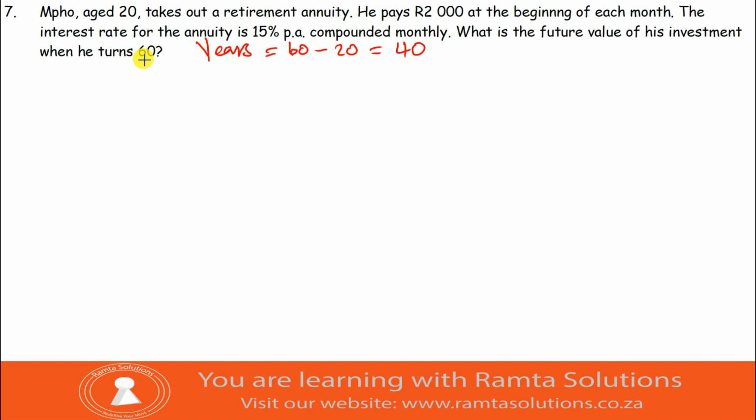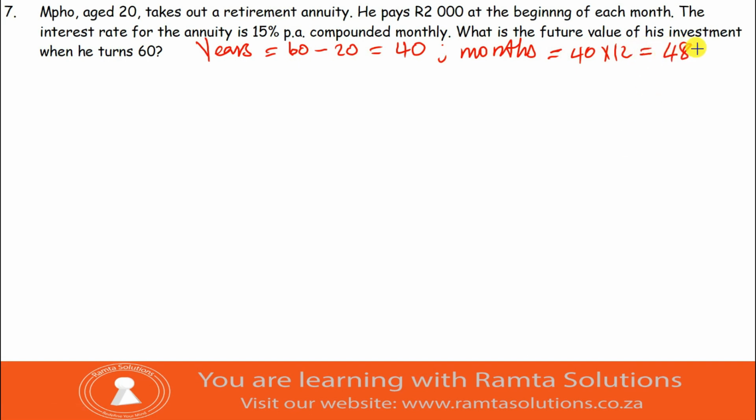Okay? Now, what I like here is this. I want to show you. Because our interest is compounded monthly, our n will be 40 times 12, but be careful. The number of months is 40 times 12, which will also be the number of installments. 40 times 12, 480, right?